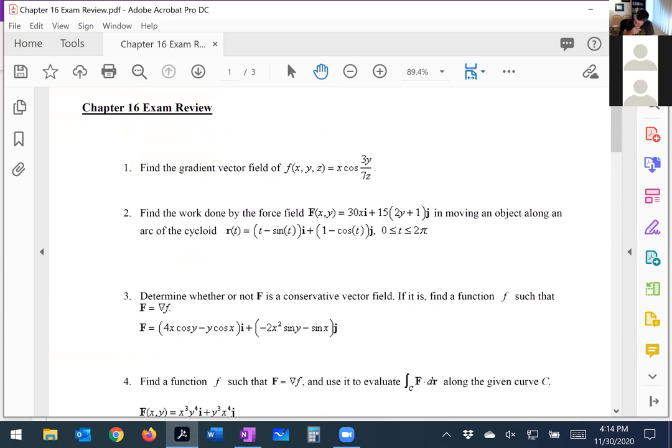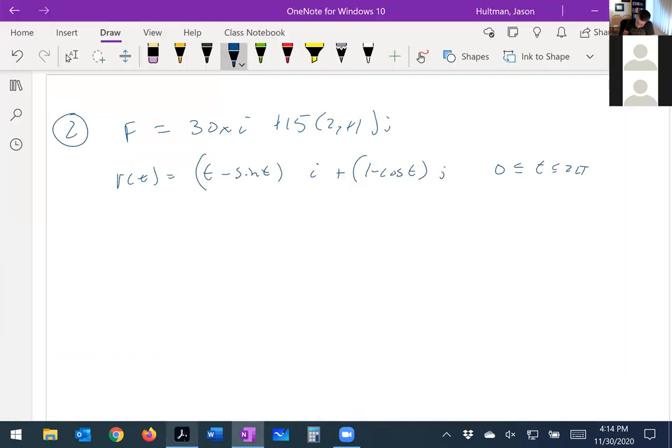So the work is equal to the line integral of F dot dr, which, if I parameterize this thing, is the integral along C of F of r of t dotted with r prime of t dt, right? That's what that is.